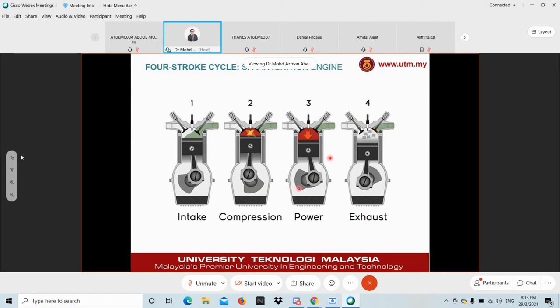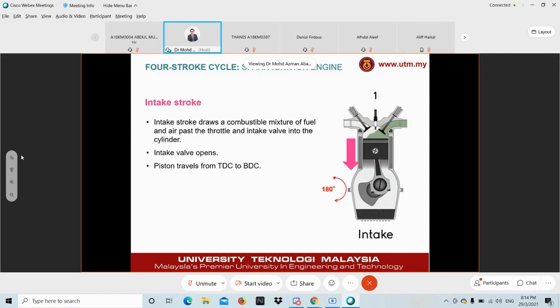That is basically the four strokes. Please take note that the power stroke can also be known as the expansion stroke. In this course we will use power stroke, but it doesn't matter if you write it as expansion. Let us go through each of these strokes.